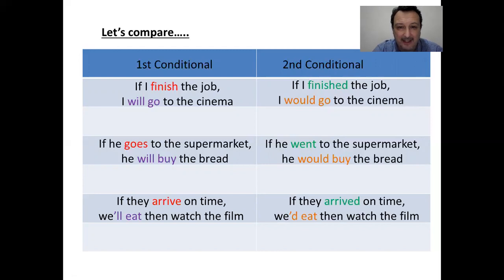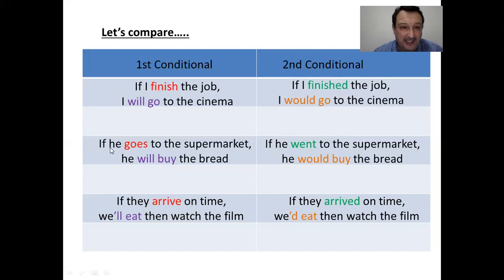Another example, if they arrive on time, we'll eat, then watch the film. Whereas if they arrived on time, we would eat, or we'd eat and then watch the film. So in this example, I don't think they're going to arrive on time. In this example, I think they have a high probability of arriving on time.